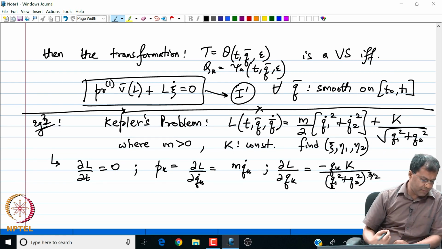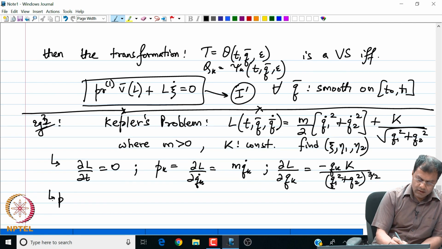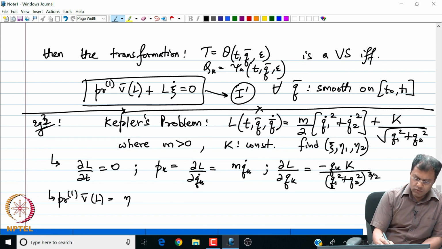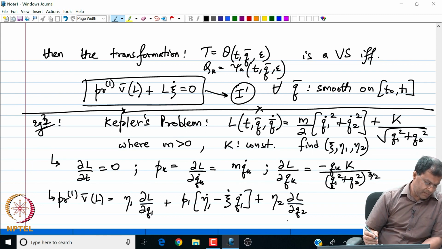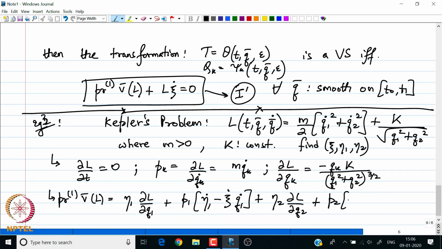So, my prolongation operator in this case, PR1 of VL, is equal to eta 1 del L del q1 plus p1 times (eta 1 dot minus xi dot q1 dot), plus eta 2 times del L del q2, this is a 2D problem, plus p2 times (eta 2 dot minus xi dot q2 dot).